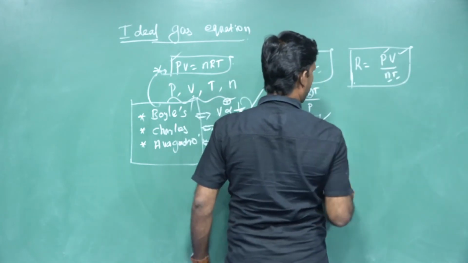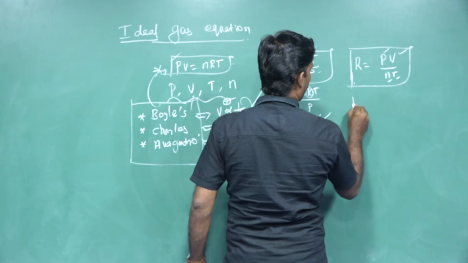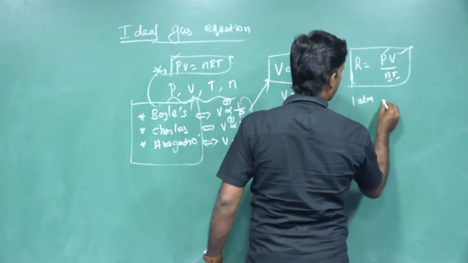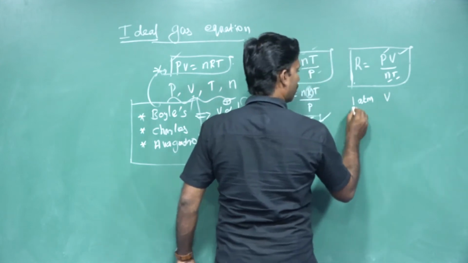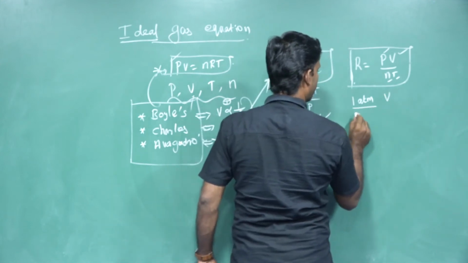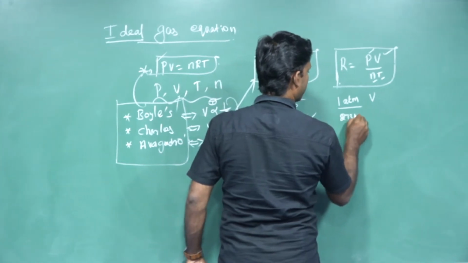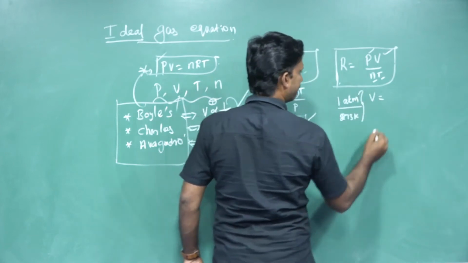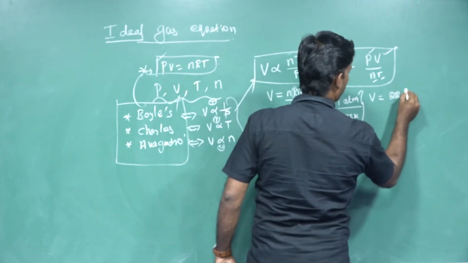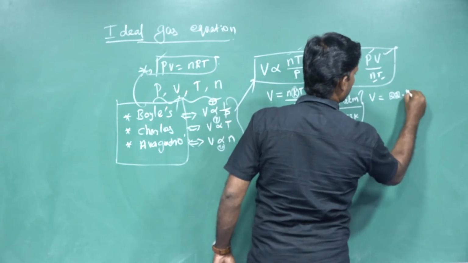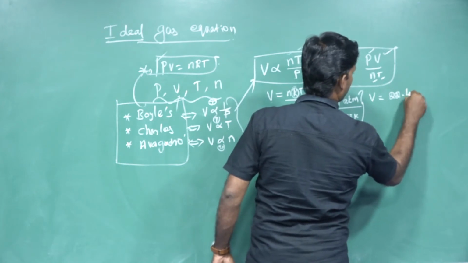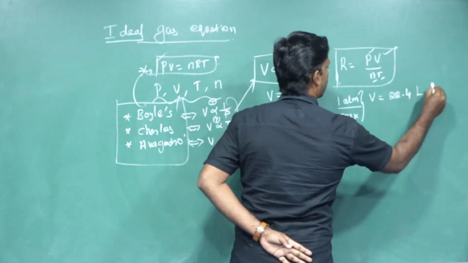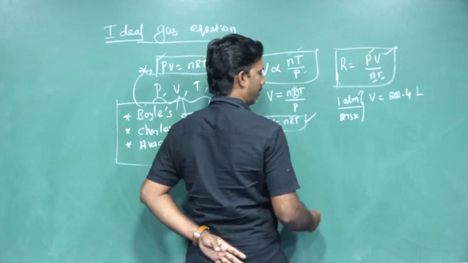If we substitute those values, for example, one atmosphere pressure, and the volume at one atmosphere at 0 degrees Celsius, that means 273 Kelvin, the volume is equal to 22.4 liters. If you substitute those values, you can get the R value.